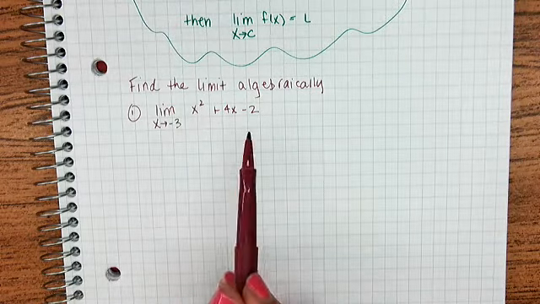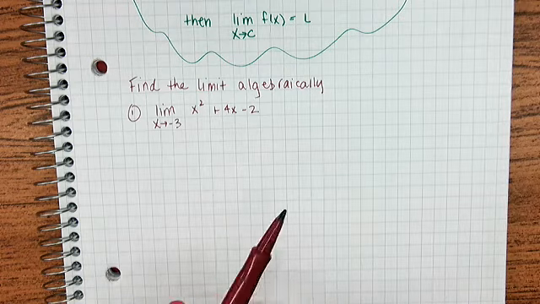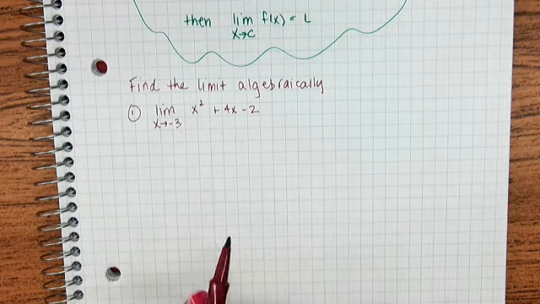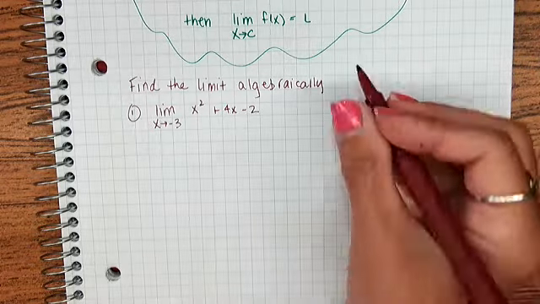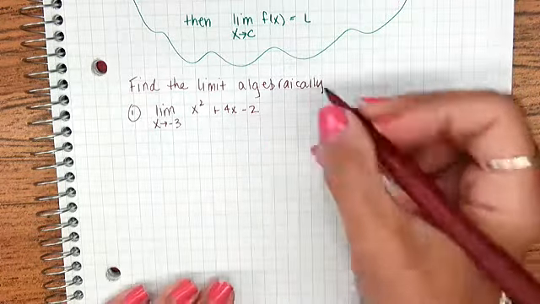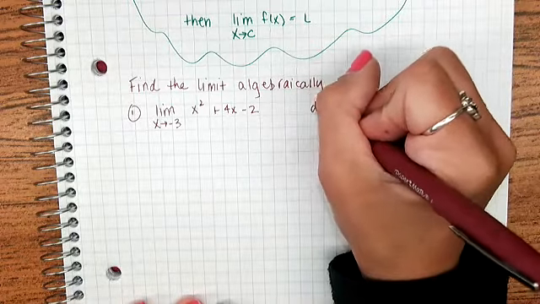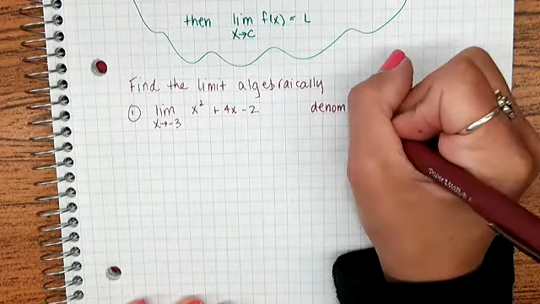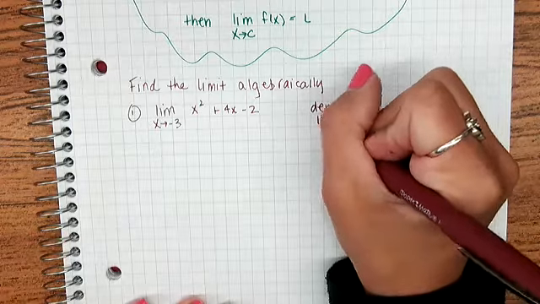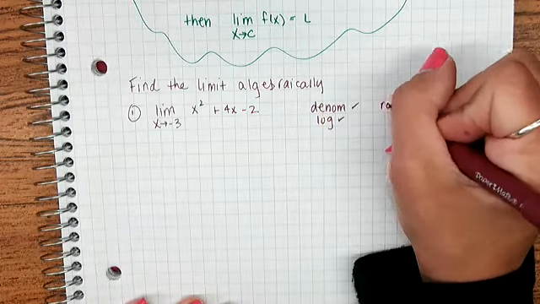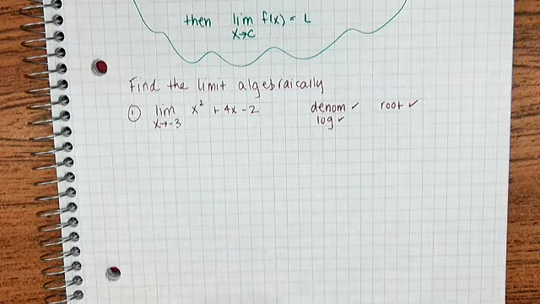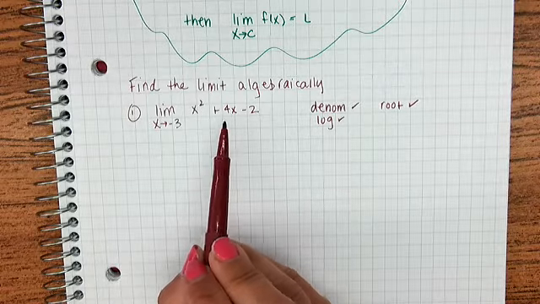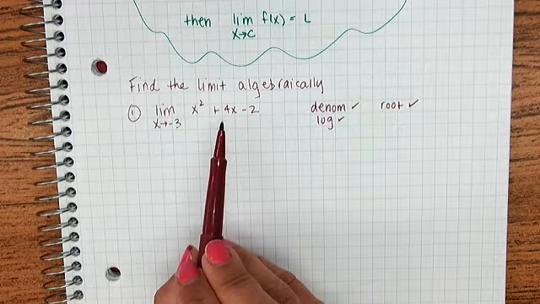No denominator, no problem. Not a log, not a root function, no problem. You have to worry about issues with limits if there's a denominator, a log, a root. These cause problems. This is a parabola. The limit is going to be the same as the exact value.